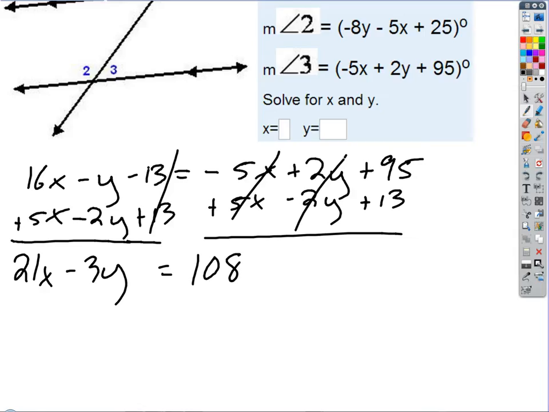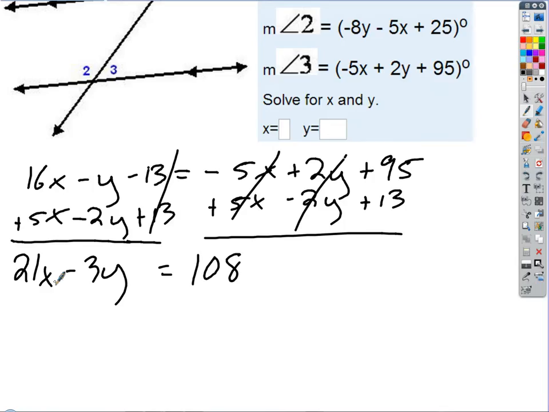Our rule is that in order to solve for two variables, I need at least two different equations. Now, would you agree? I'm not going to actually write this out, but just watch this for a second. If I were to isolate y on this side, get it by itself, wouldn't I end up with x's in my answer? And if I were to isolate x on this side, I would get y's in my answer, right? And I don't want that. I want numbers for both. So I need another equation.